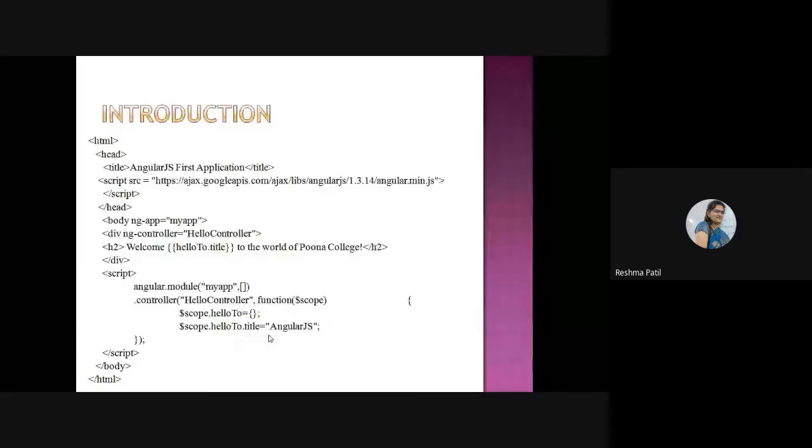In the bracket, the scope object, dollar scope. After the end of this scope there is a curly bracket. All are in a single line.